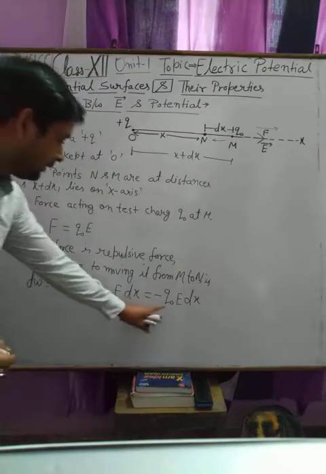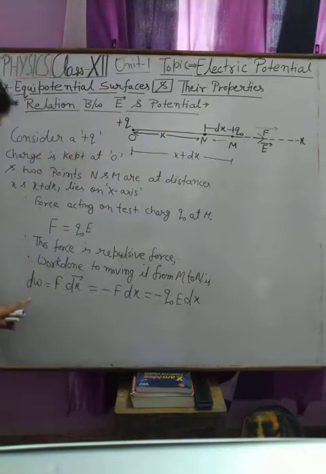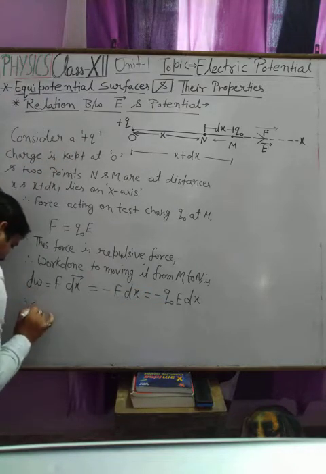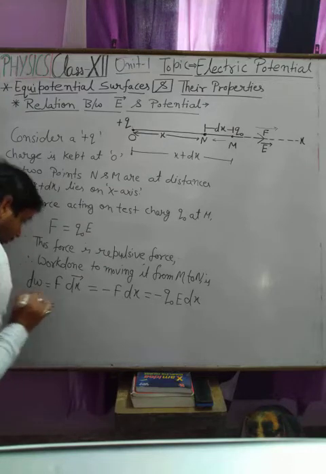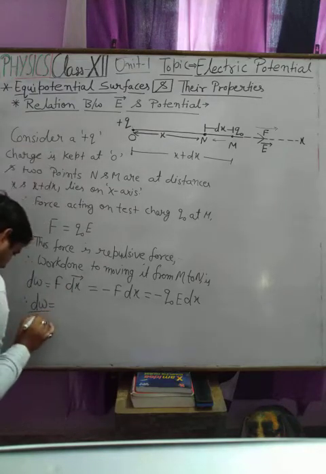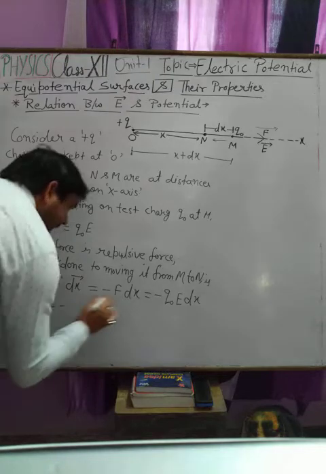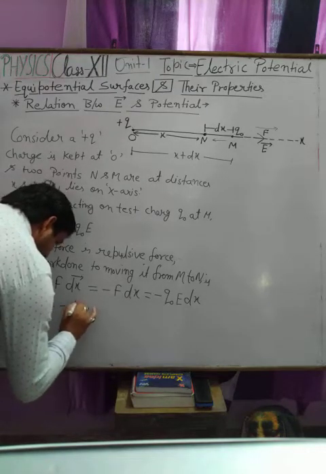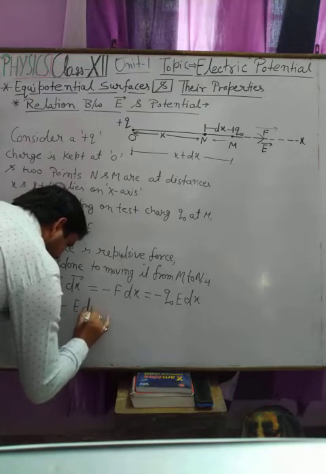Now student, this Q naught is transferred to the denominator of dW. Therefore, dW upon Q naught is equal to minus E dx.